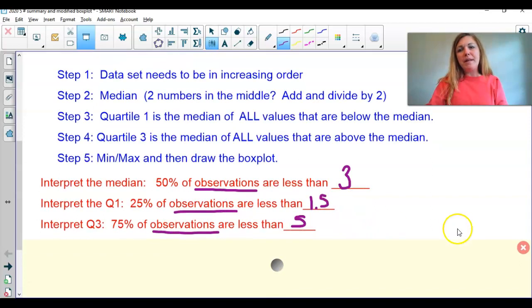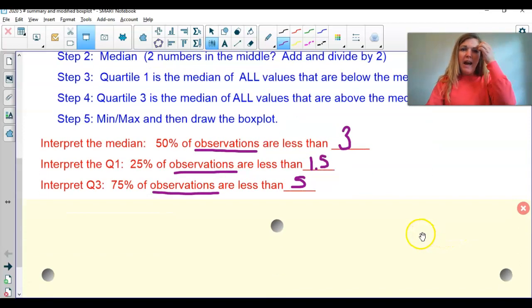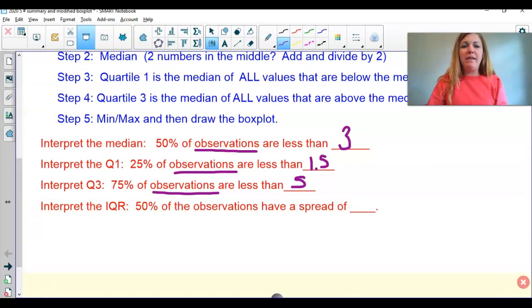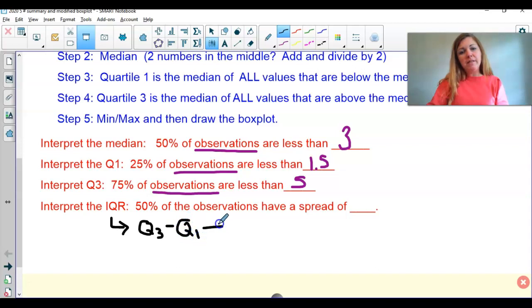And then finally, we have something called the IQR. The IQR is a measure of spread. How we find the IQR is a little formula here. It's quartile 3 minus quartile 1. So in our case, quartile 3 is 5, minus quartile 1, which is 1.5.